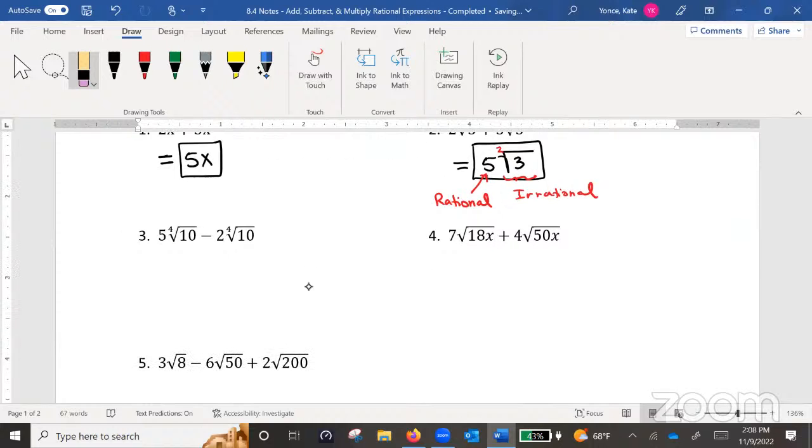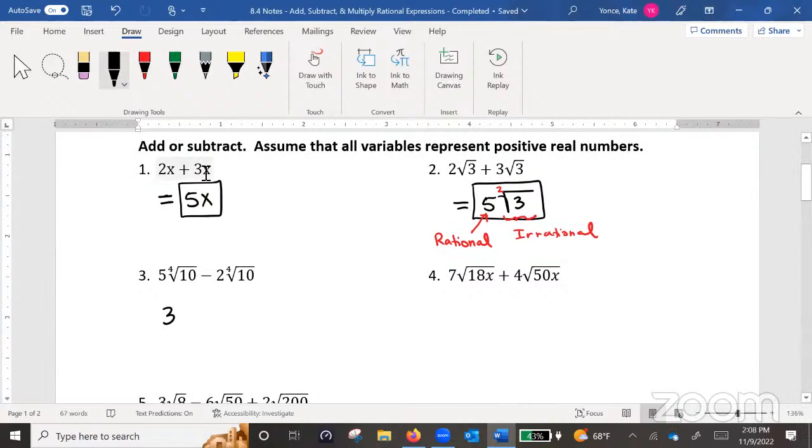Okay, so number 3, what do you think the answer will be? That's not a power of 4, that's an index. Remember, just like up here, these don't change.